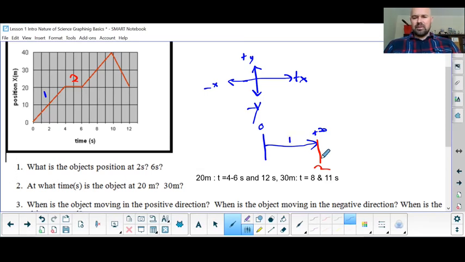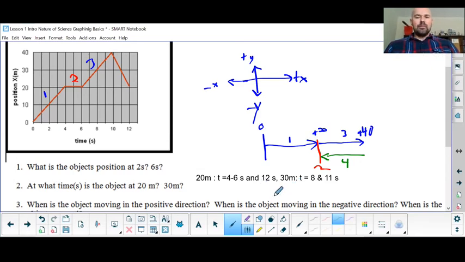And again, I'm just using some colors to help make it stand out a little better. It's moving to the right again, and it moves another 20, so it goes to positive 40. That's section 3 of our graph that we've outlined already. And then finally for section 4, it moves back to the left because it starts at 40 and it ends up at 20.